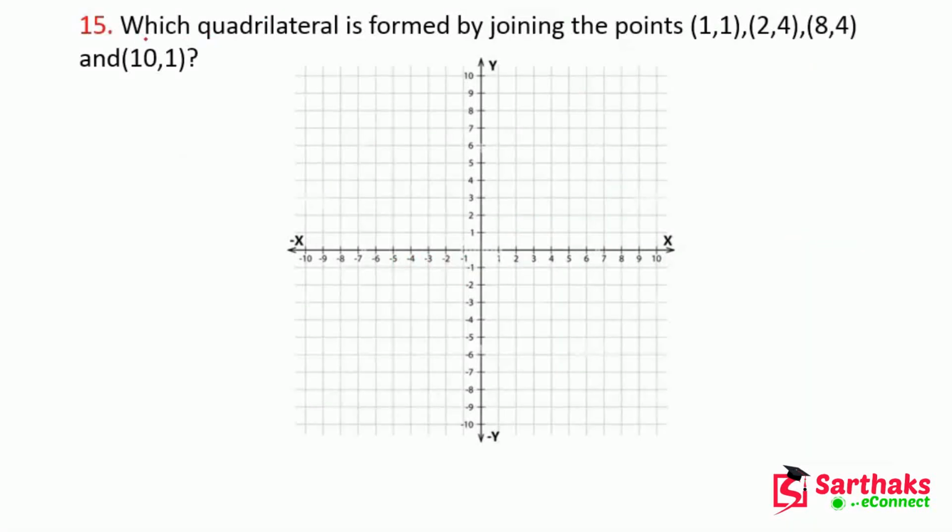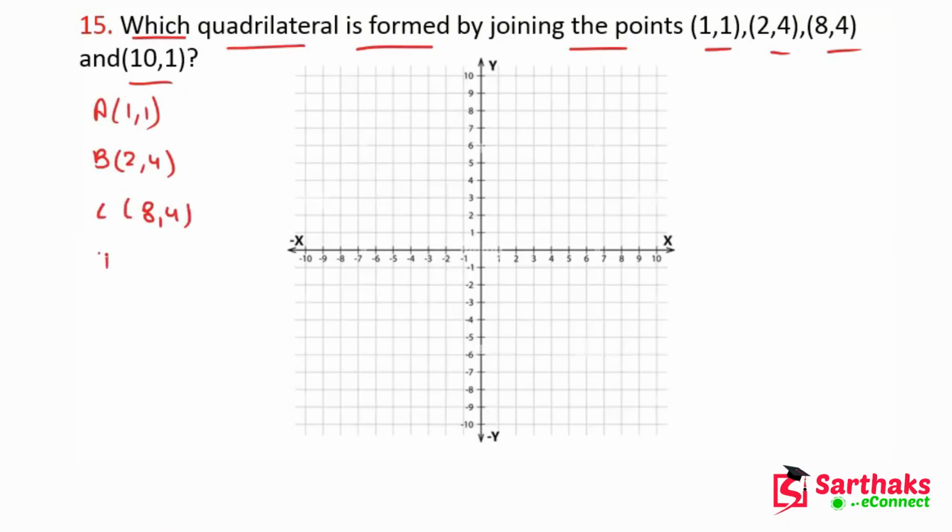Yes, the next question is: which quadrilateral is formed by joining the points (1, 1), (2, 4), (8, 4) and (10, 1)? Now we have to plot these points. Let's name them A, which is (1, 1), B, which is (2, 4), C, which is (8, 4) and D, which is (10, 1).